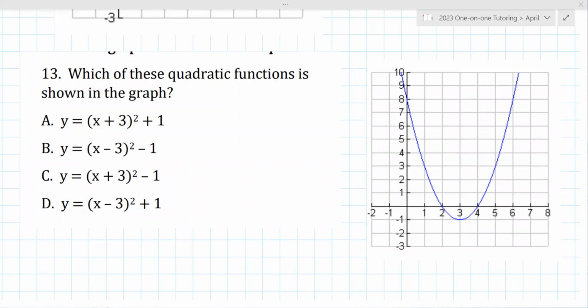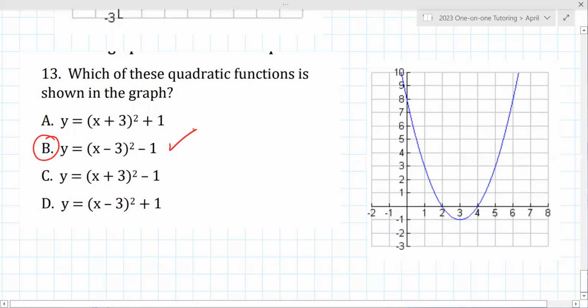Would you like a hint? No, it's B. Okay. And how sure are you of your answer? Very sure. You are correct. Good. Okay, let's do another one like this.